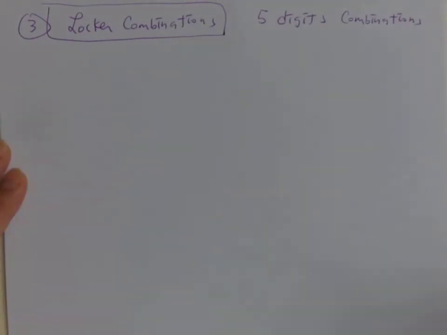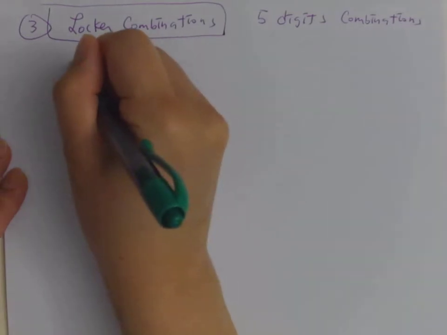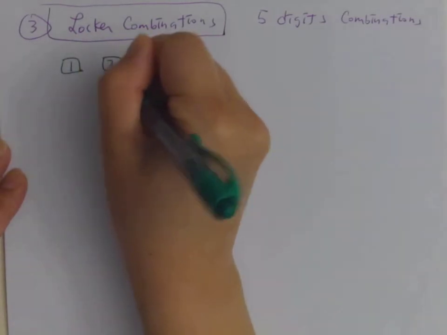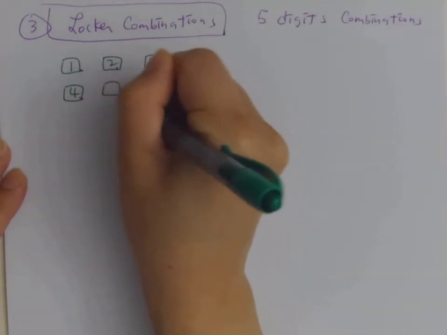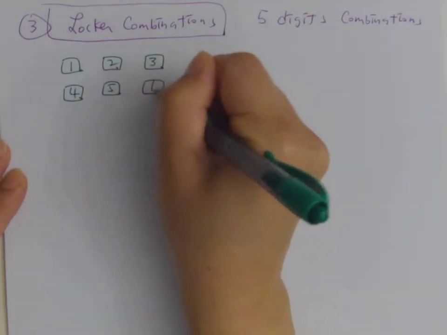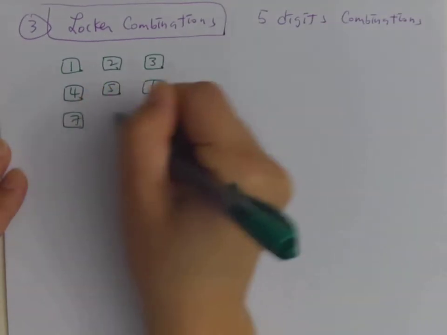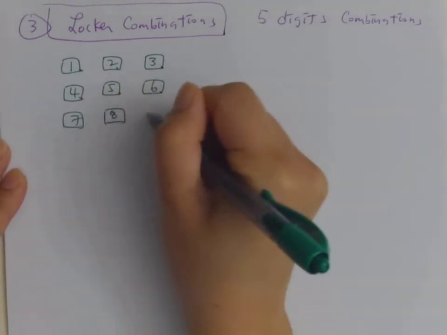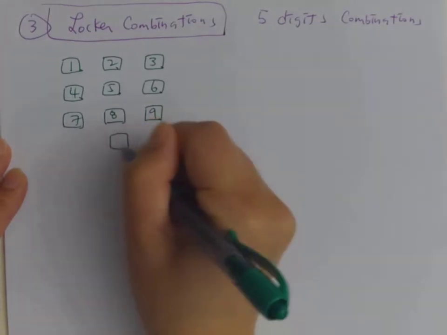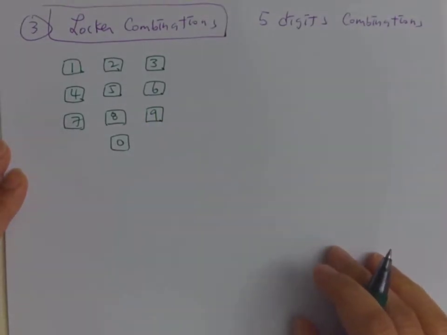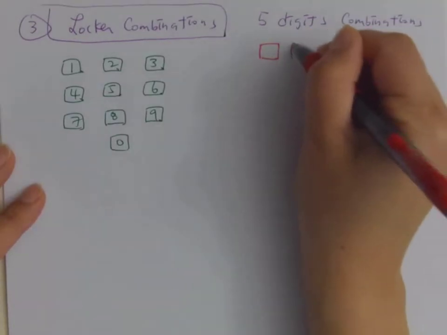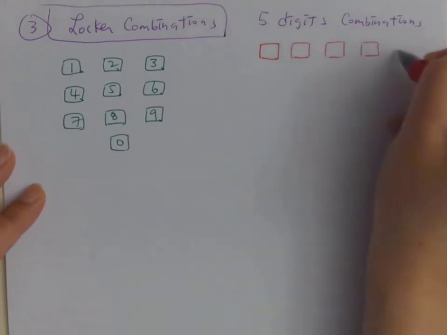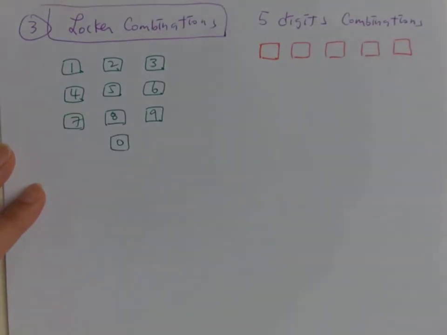Like the choices of number, we can have 1, 2, 3, 4, 5, 6, 7, 8, 9, and 0, right? So those are all possible number digits that we can use. And the 5-digit means 1, 2, 3, 4, 5 spaces for you to fill up, right?